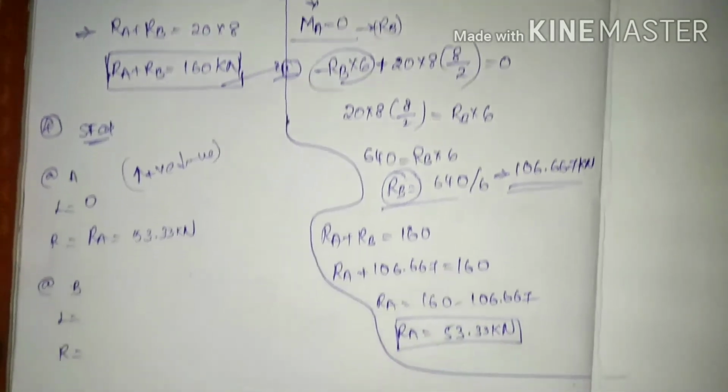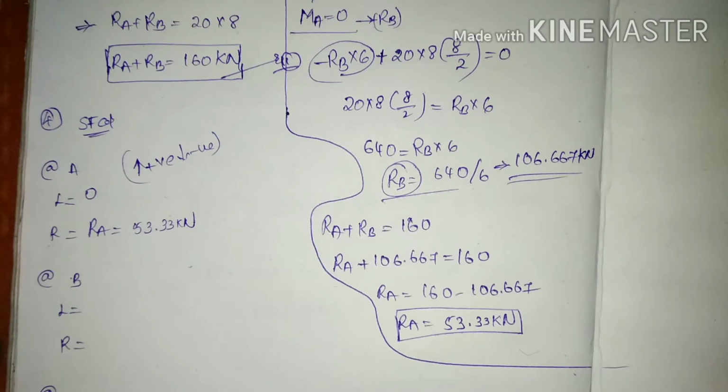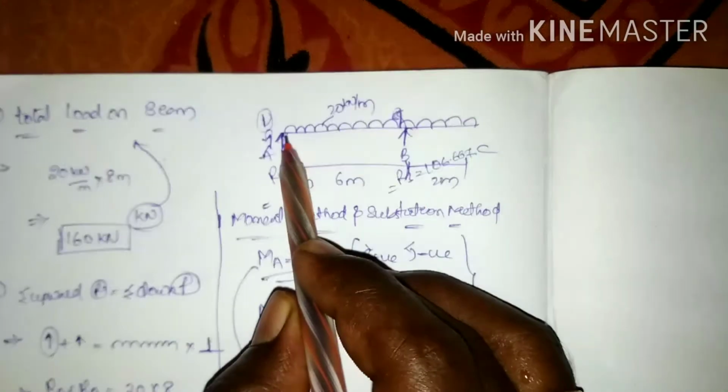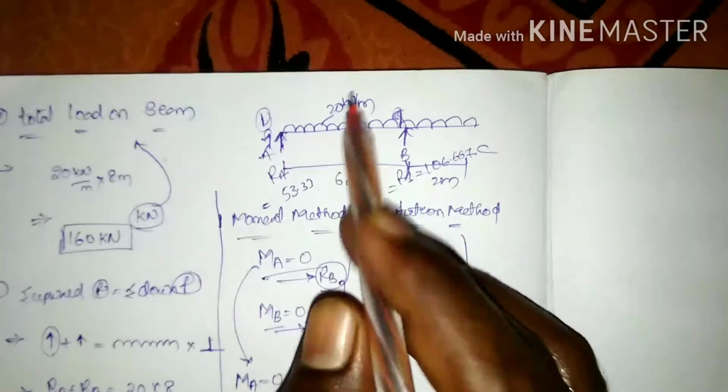And next, moving on to B, for the left of B, we have only RA and the UDL. Up to the left of B, we have the RA reaction in the upward direction and a UDL in the downward direction.